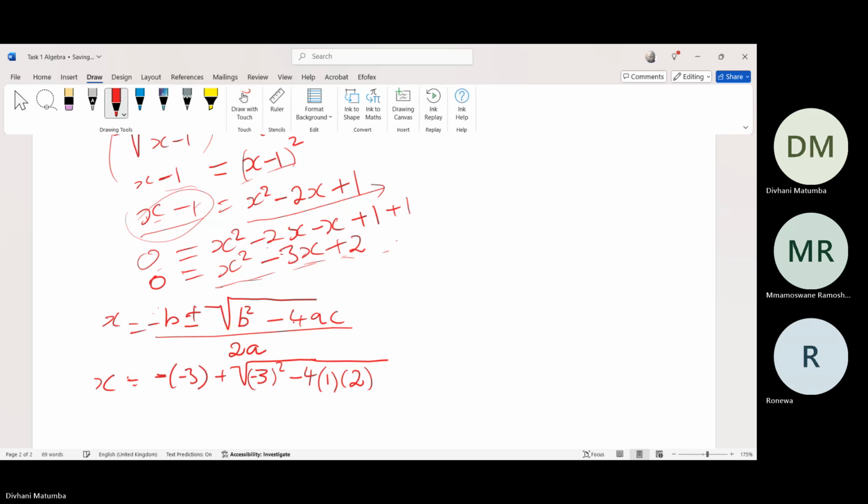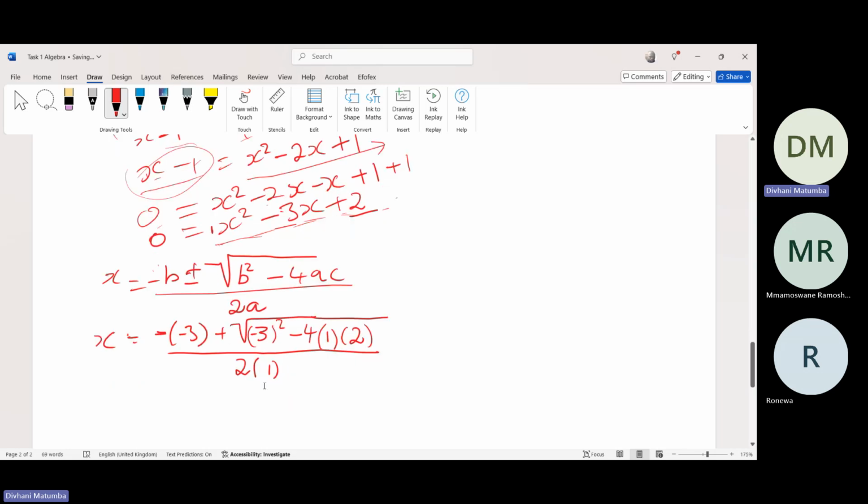We agree. This is the value of a, and minus 3 is the value of b. Then plus 2 is the value of c, all divided by 2 times, what is the value of a? It's 1. Okay. And then, because we are dealing with a quadratic, there's an or. That's why it's a plus or minus. We will have minus minus 3.